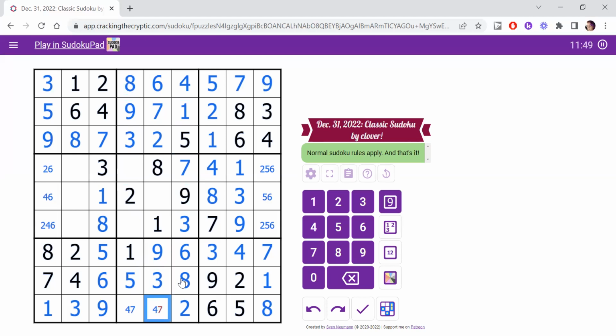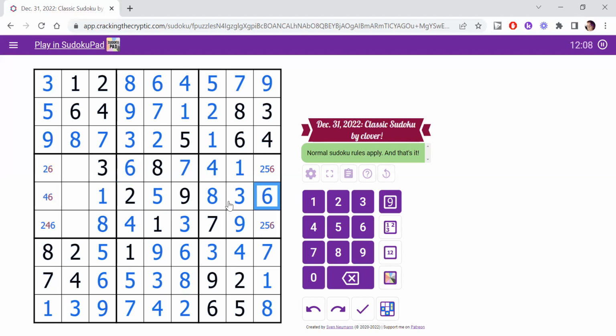Coming on down, 4 and 7. Now, there's only one number left that can go in here, and that's 5. And then looking at the 4, it cannot go here, must go there. And that means my 6 is there.